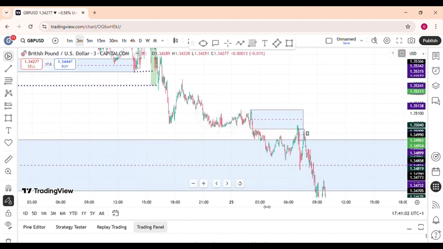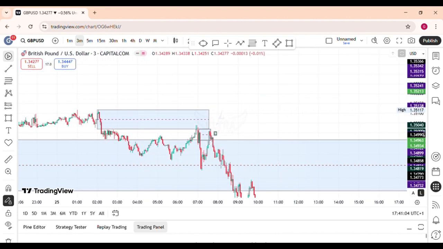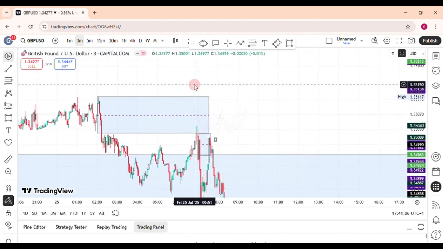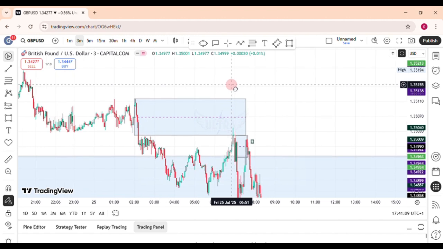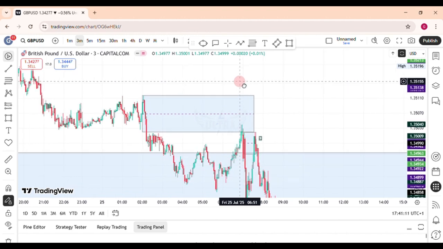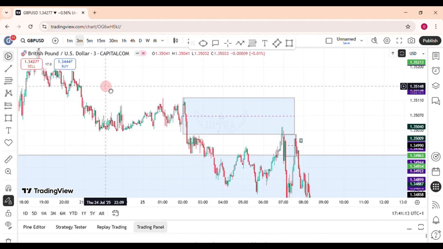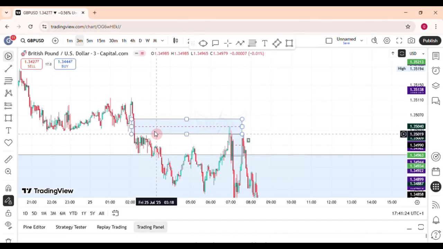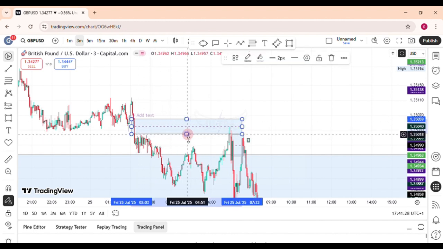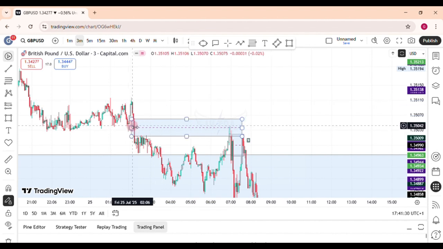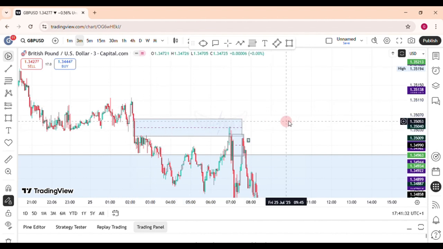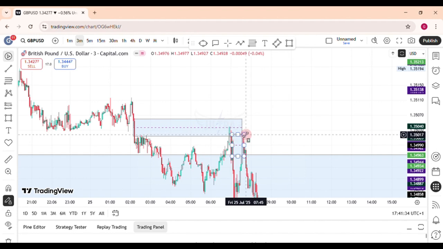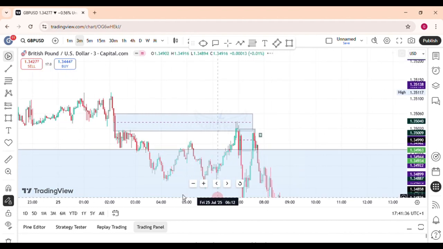The next trade is our trade number 9, and this trade was a bearish trade on Friday. So we have a bearish fair value gap right here because market respected this fair value gap at this spot here. You can see this fair value gap is being respected right here as market tapped into this spot with multiple wicks.